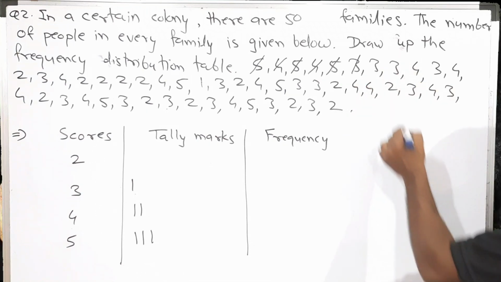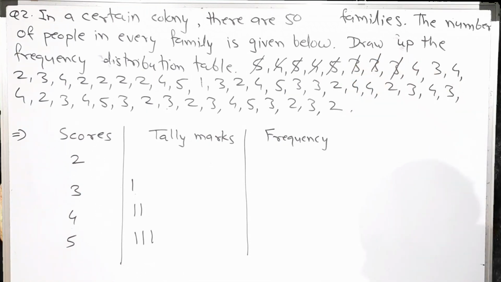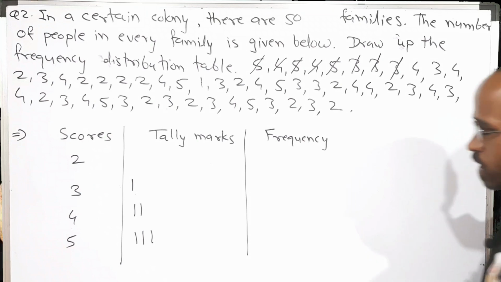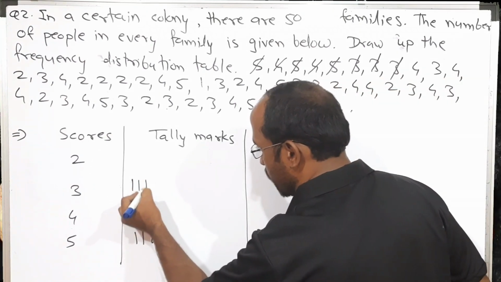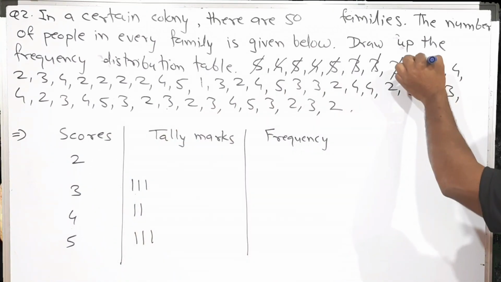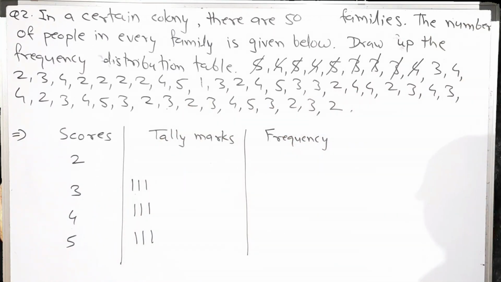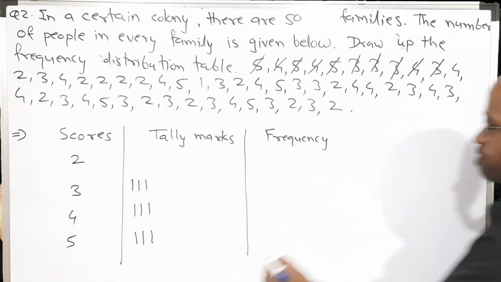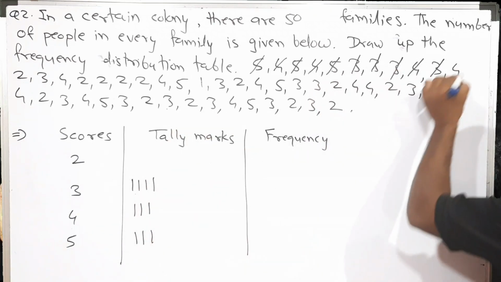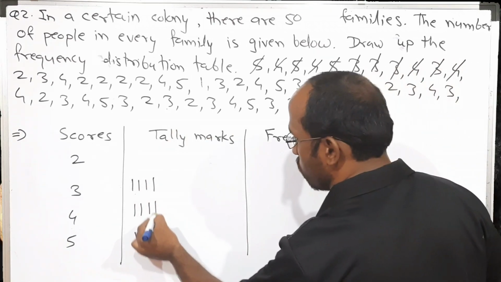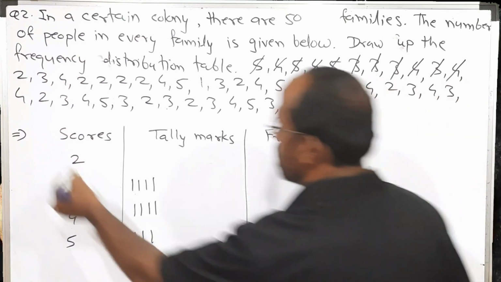Two 3s are there, so cut 3 two times, and here I will draw 2 lines. Then 4, so draw a line against 4. 3, 3, 4, 4, again 4.